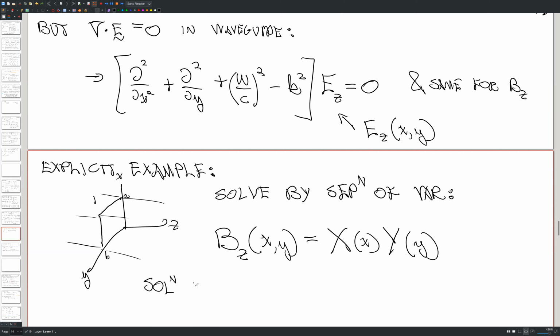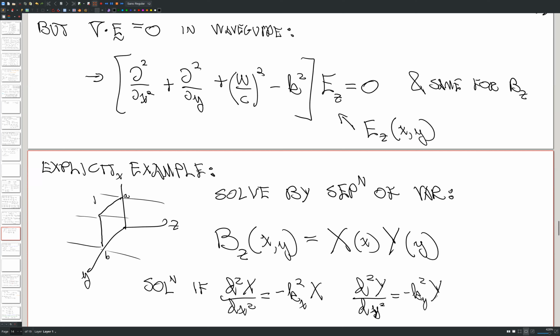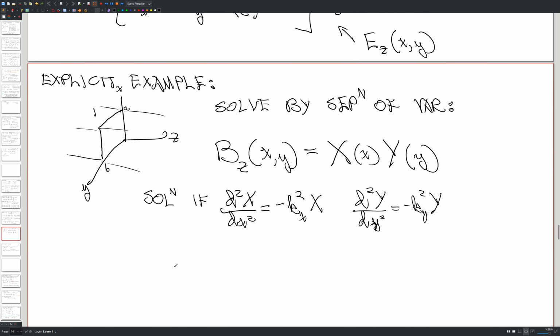The solution works provided the second derivative of the big X is some constant that we'll call kx squared times big X. The second derivative of Y, d squared Y over dy squared, is some constant ky squared times Y. And at the same time, I want to fulfill the condition that kx squared plus ky squared plus k squared is equal to omega squared over c squared.